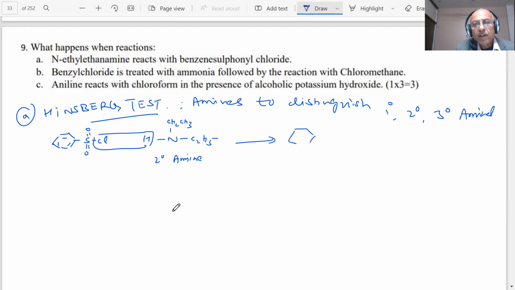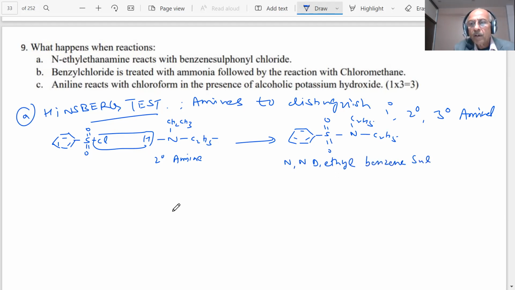And what will you get? You are getting this N C2H5, C2H5. So what is this? This is N,N-diethyl benzene sulfonamide.